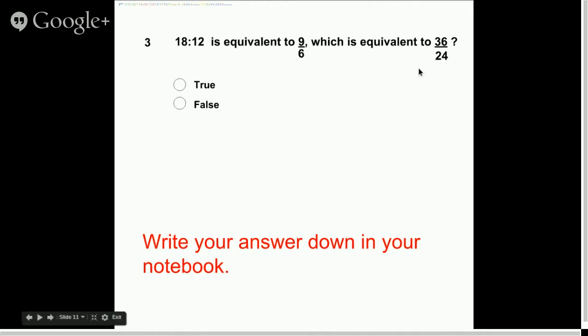Yep. So 9 times 2 is 18. 6 times 2 is 12. 9 times 4 is 36. And 6 times 4 is 24. So these are all equivalent. So this is true.